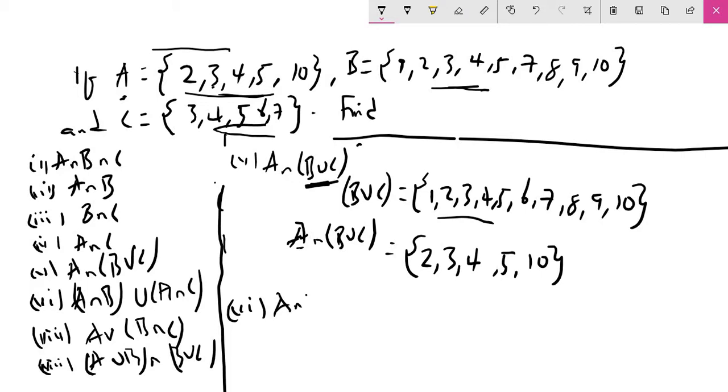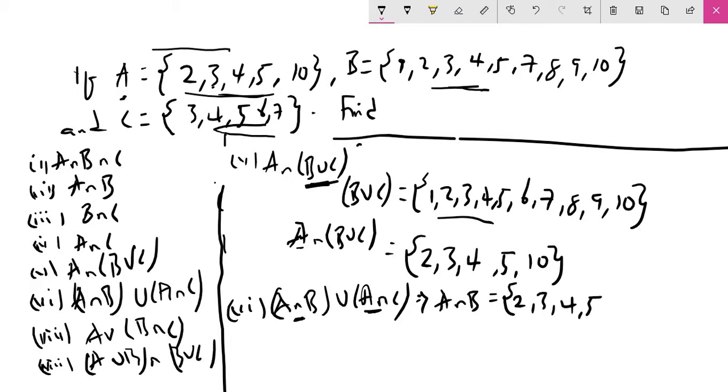Now VI says A intersection B union A intersection C. So first we find the sets in the brackets first. So we have A intersection B. Well, we already did that, and that is 2, 3, 4, 5, and 10.